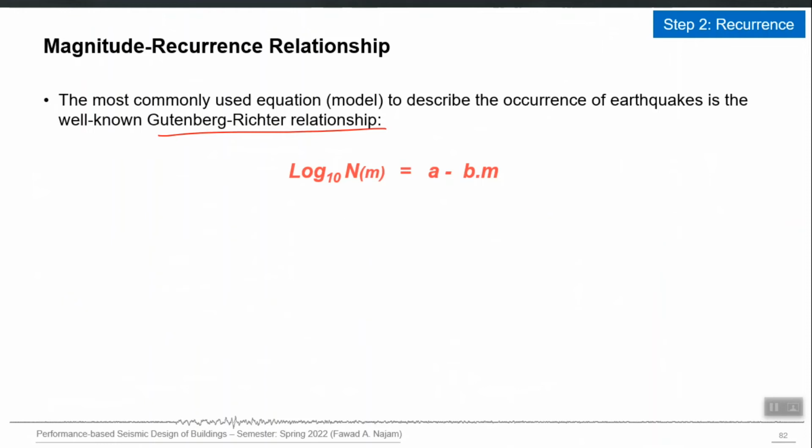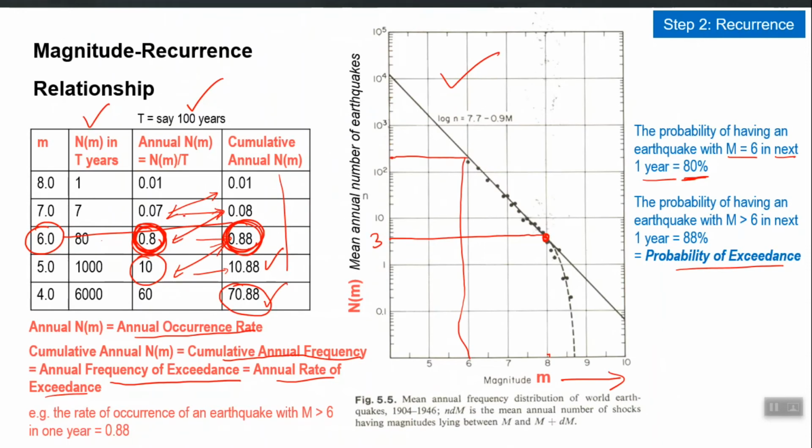We have seen here that generally the earthquakes reduce exponentially, which means that if we have a log y axis, the line will be a straight line, and the straight line equation we already know, and that is a minus bm, where a is actually the y intercept, this number on the y axis, and b is actually the slope, and m is the x axis, which is the magnitude, right.